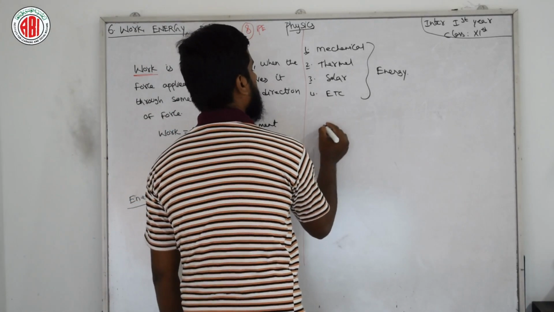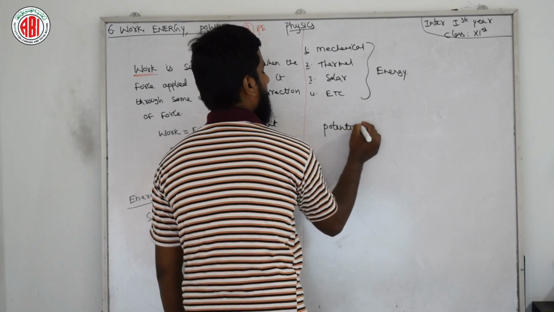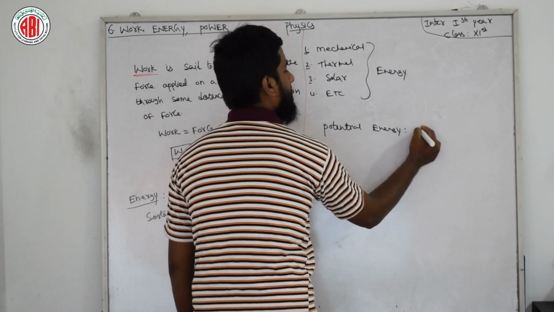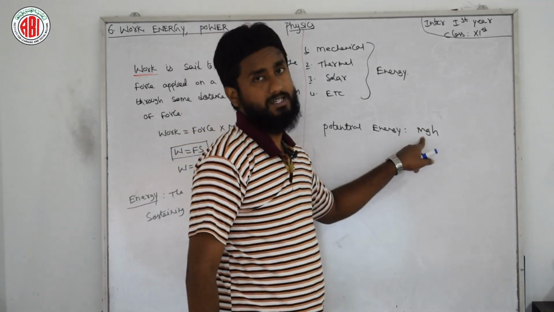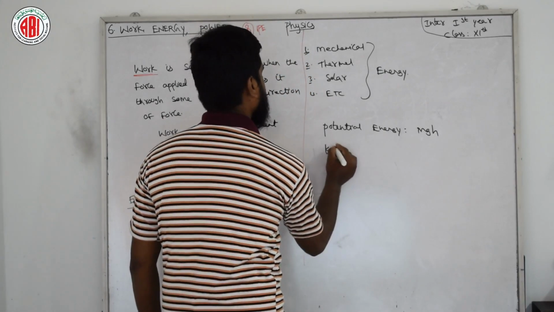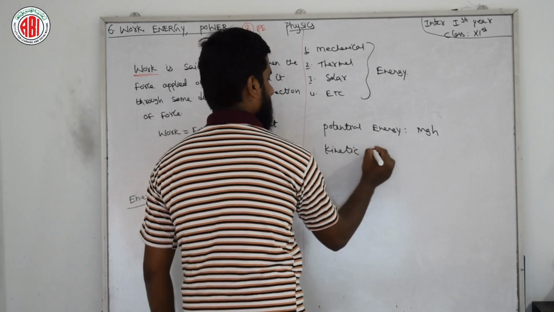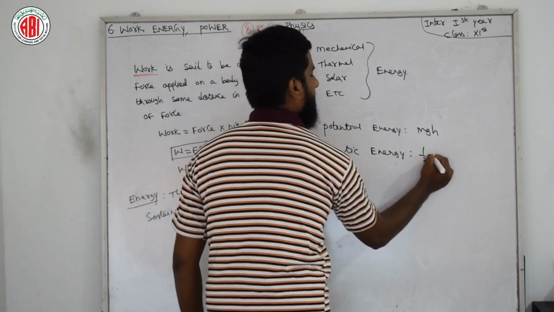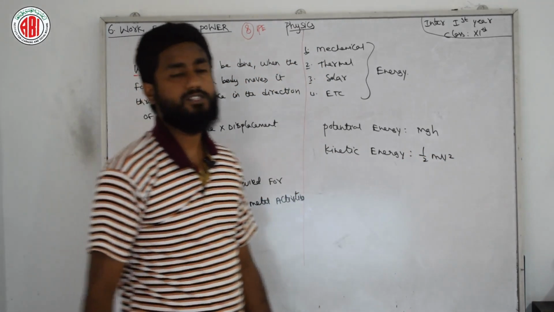That is potential energy, whose formula is usually mgh, where m is mass, g is gravity and h is height. And one more we have is kinetic energy, whose formula we usually write as half mv square, where m is mass and v is velocity.